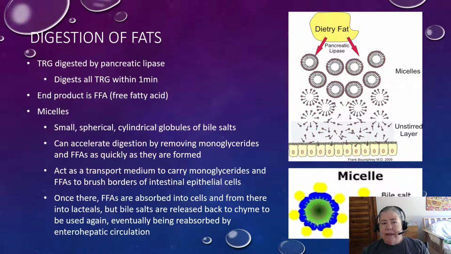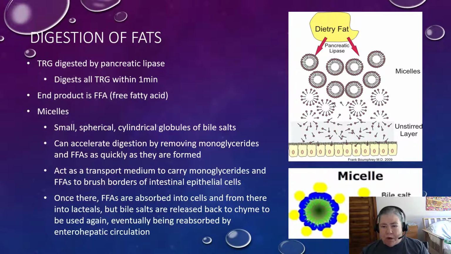The free fatty acids then combine with bile salts to make something called micelles. So micelles form from bile acids and monoglycerides and free fatty acids, which then transports them to the brush border of the intestinal epithelial cells.